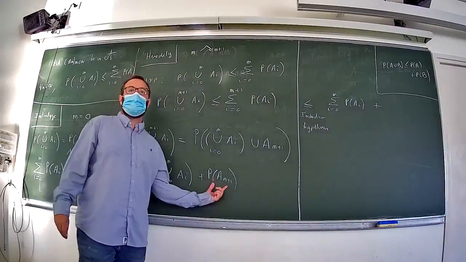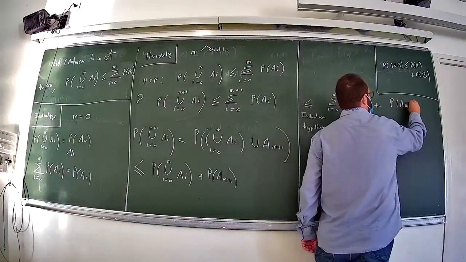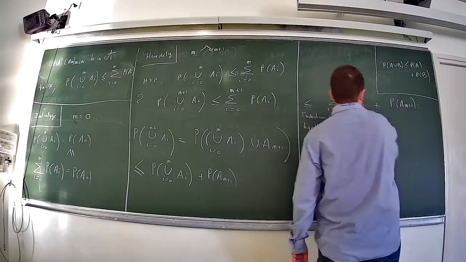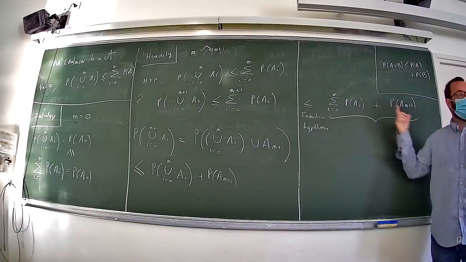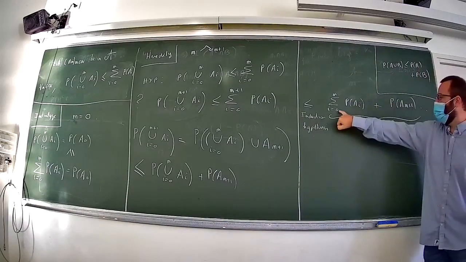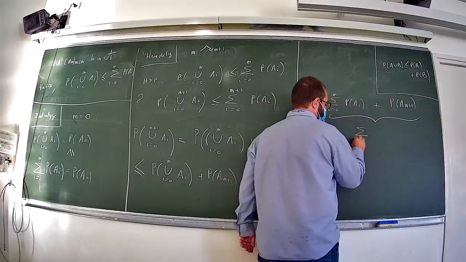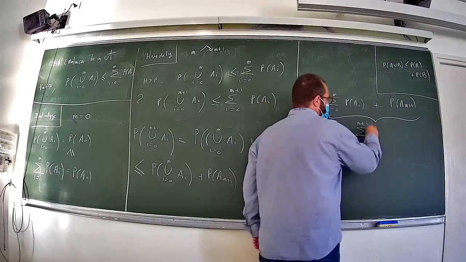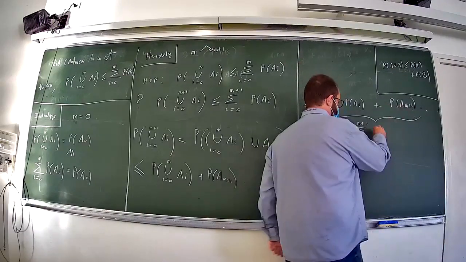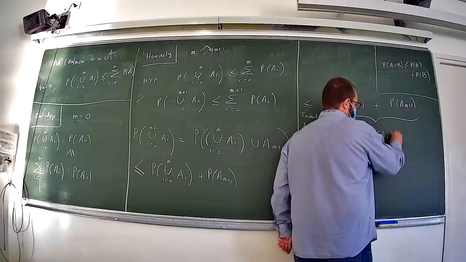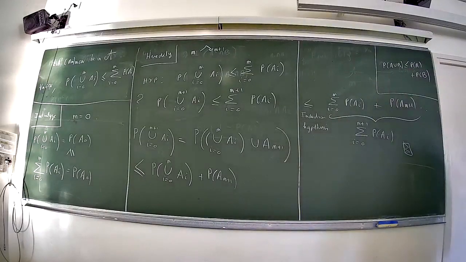And I don't have to forget this term. And here, I can regroup the terms in a single sum because here you are from 0 to n, and it's the same as the sum from 0 to n plus 1, because for i equal to n plus 1 you have exactly this term. And you have finished the reasoning this way.